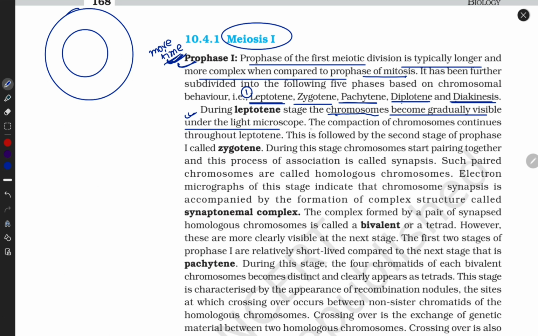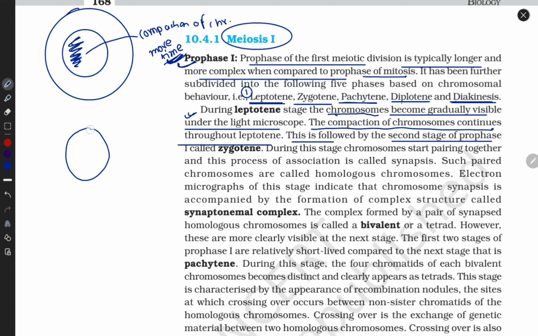Important, guys: the compaction of chromosomes continues throughout leptotene. This is followed by the second stage of prophase. Here chromatin condensation starts. We can also say compaction of chromosomes happens in this stage. That's it.